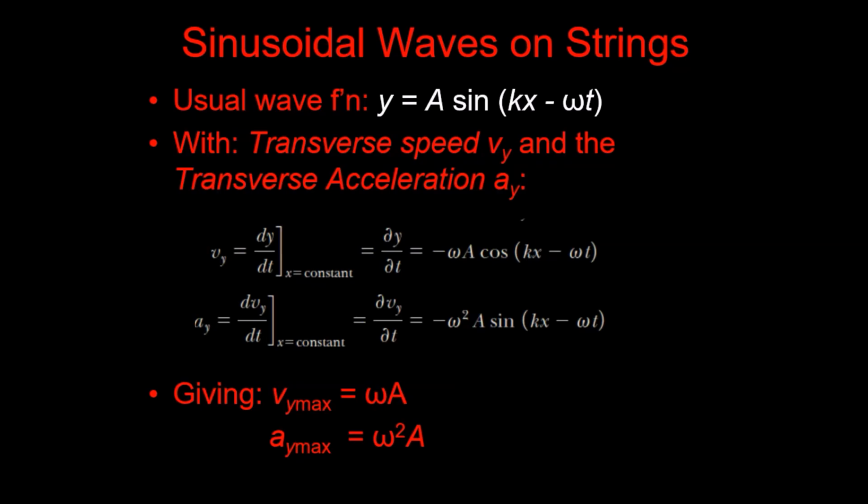If we take the second derivative of the position, or the first derivative of the velocity, it will be negative omega squared a sine kx minus omega t, with our identity switching essentially as we differentiate. This means that the maximum velocity, if you don't want to go through this procedure each time, will be equal to omega a, and the maximum acceleration will be equal to omega squared a.